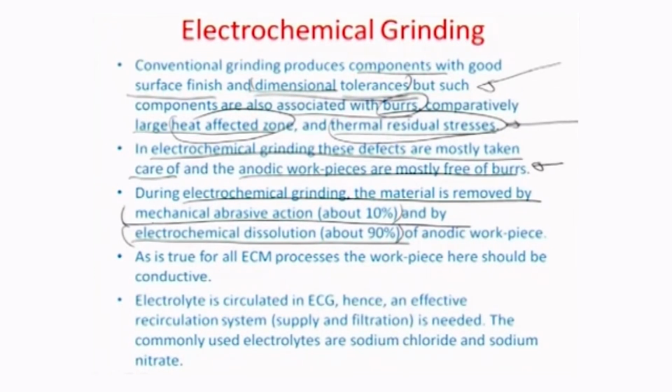One very important and significant aspect of ECG is that the workpiece and the grinding tool both have to be conductive in nature, because it's an electron flow process. So you cannot have one of the components non-conductive, or insulating in nature.